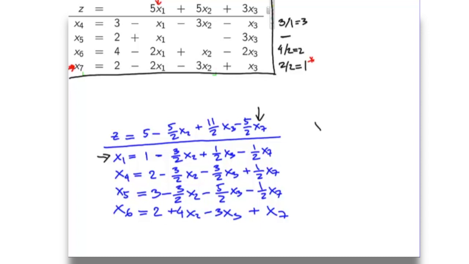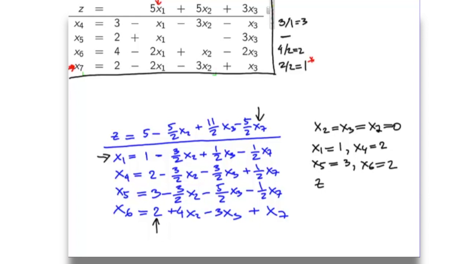So we set x2, x3, and x7 to 0. And then we get the values for the rest of the variables by just looking at this column here. So x1 will be 1, x4 will be 2, x5 is 3, and x6 is 2. Okay, and the corresponding value of the objective z is given here, so it's 5.